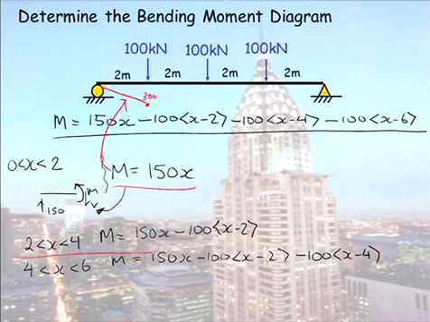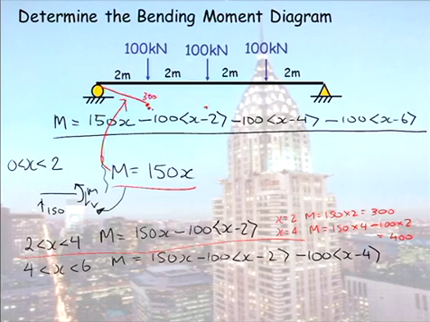In this second range, when x is equal to 2, what's my moment equal to? 150 times 2, which is 300. That places me at that point there. When x is equal to 4, what's my moment equal to? 150 times 4 minus 100 times 2, and that gives me a value of 400. So it takes me as a linearly varying line to that point there, which is 400.